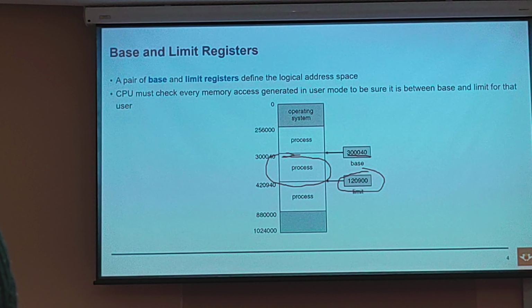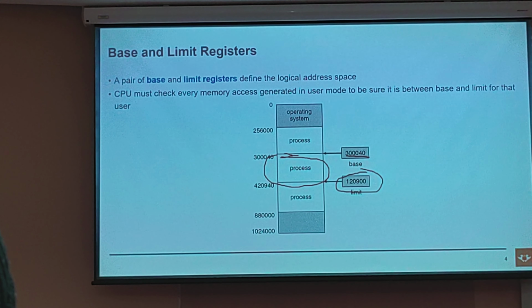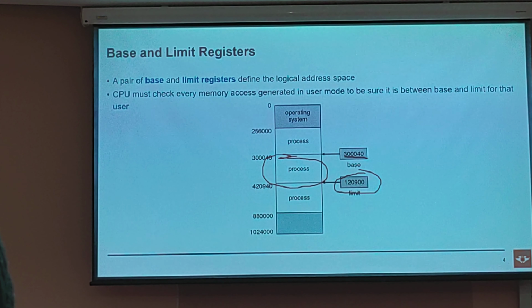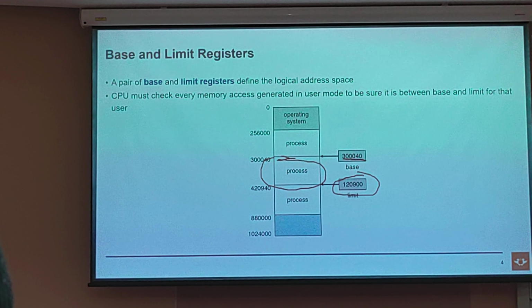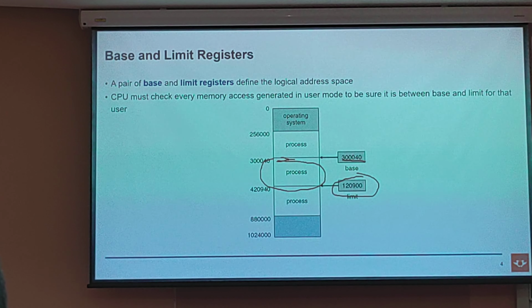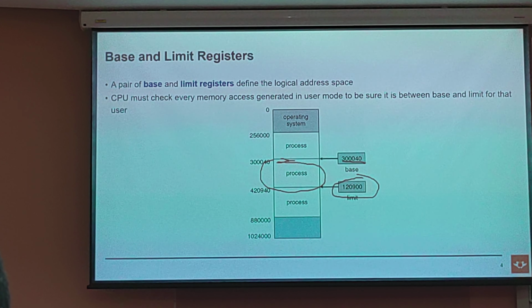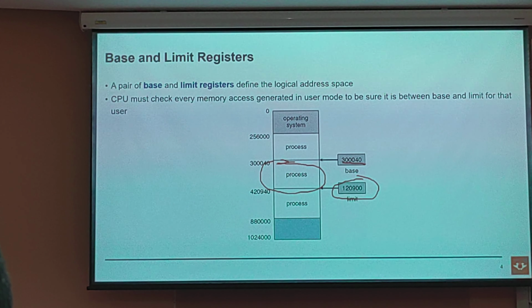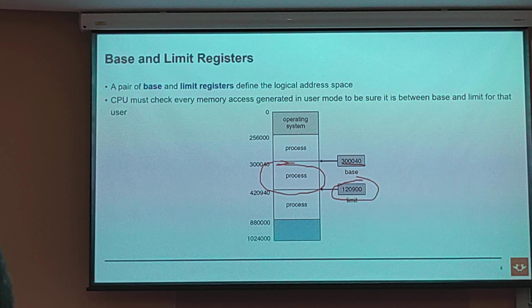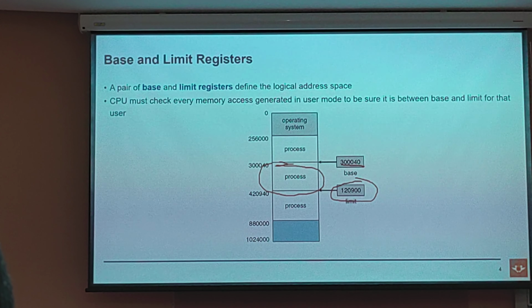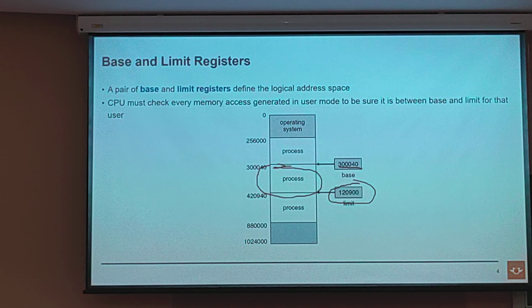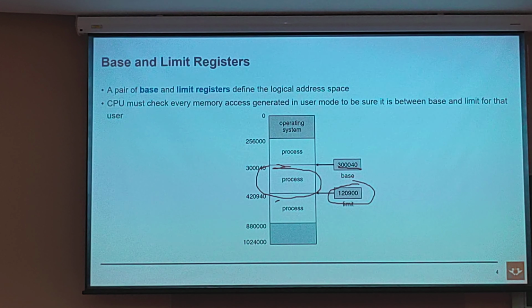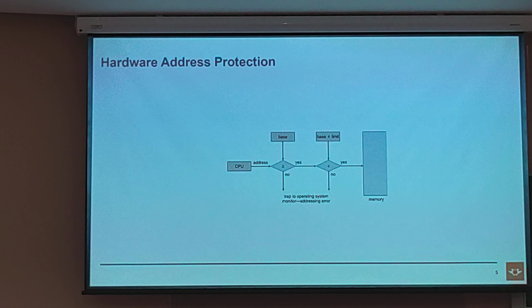In this case, the limit register is 1209000, the highest memory address in the process itself. Remember, the process potentially starts with address 0, and the highest is 1209000. The limit just makes sure that we never overwrite or go into the memory belonging to another process. Here's a nice diagram that describes this principle.